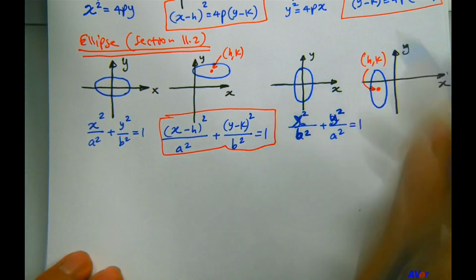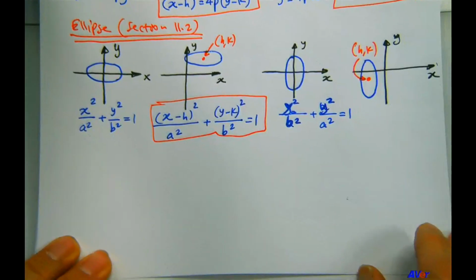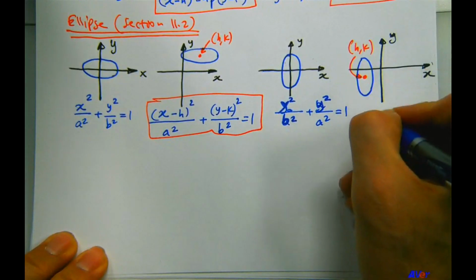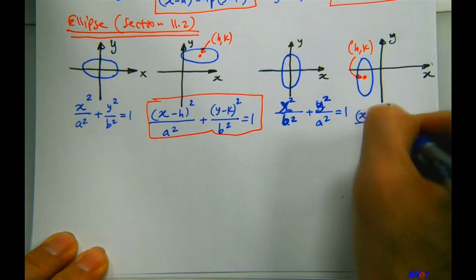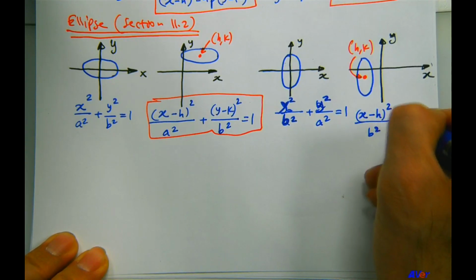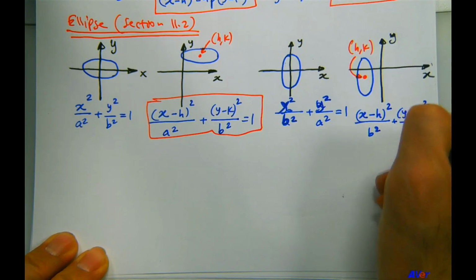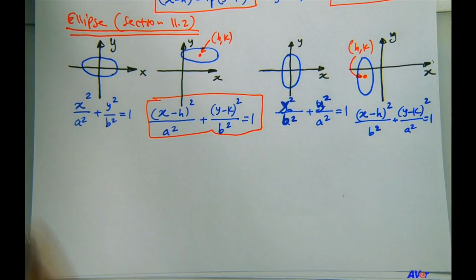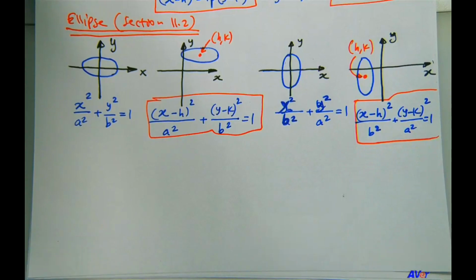Then the formula should adjust also. So we'll have, I'll try to fit it here, the whole formula: x minus h squared over b squared plus y minus k squared over a squared equals 1. And that's our new formula there.